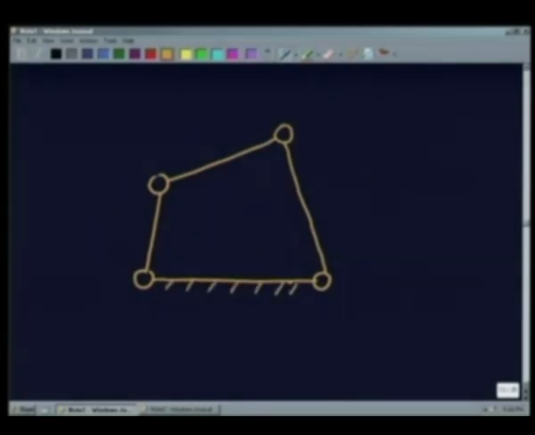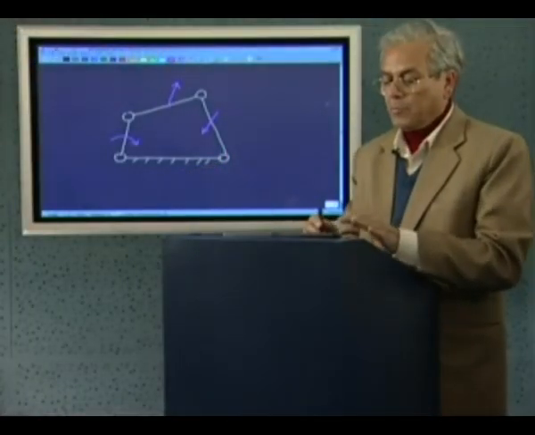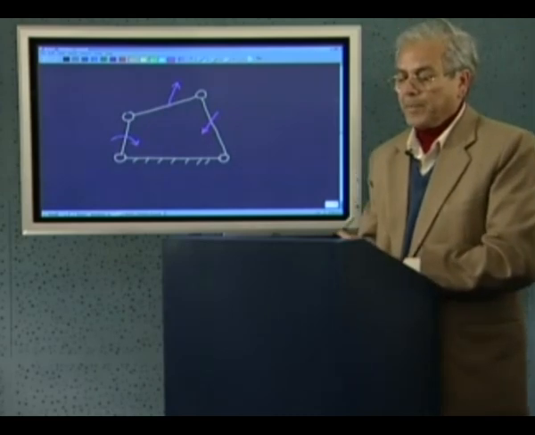I state that under the action of this moment, this force and this force, this system is in static equilibrium. If I say that, it means that no member will have any motion when these moments and forces are acting.